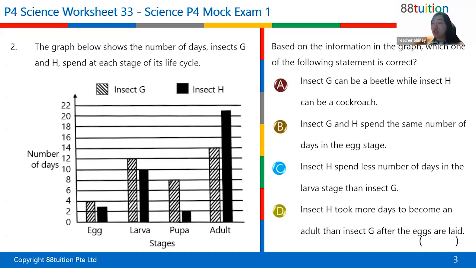Okay. Now question two, we have a graph over here that shows the number of days insects G and H spend at each stage of their life cycle.